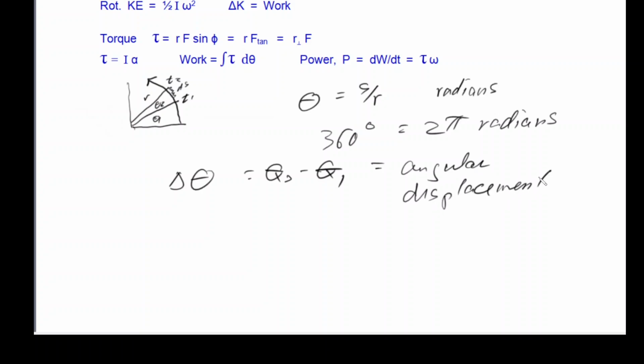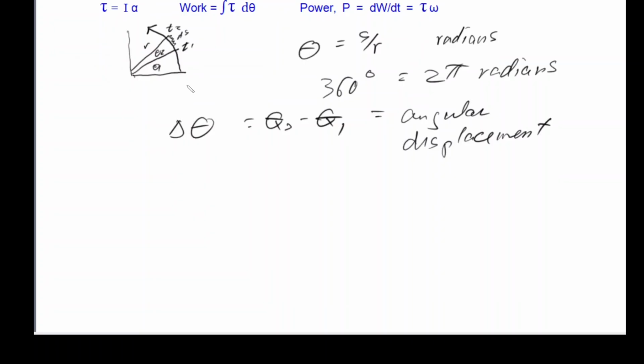And that's just the movement of the particle around the circle from theta 1 to theta 2. And by definition, if the displacement is counterclockwise, that's considered a positive displacement. If it's clockwise, then that's a negative displacement.